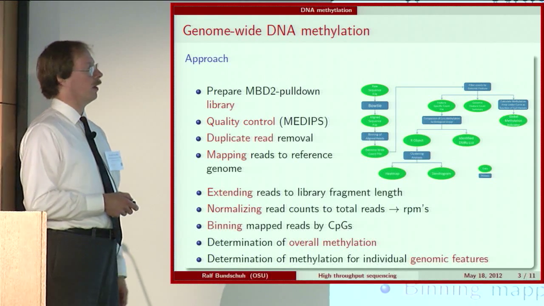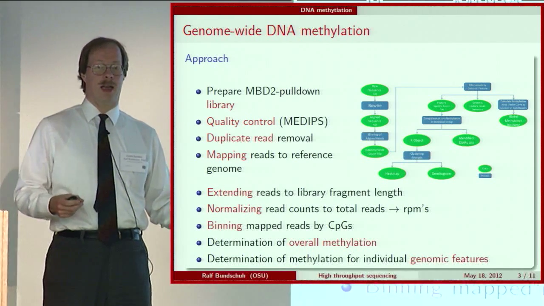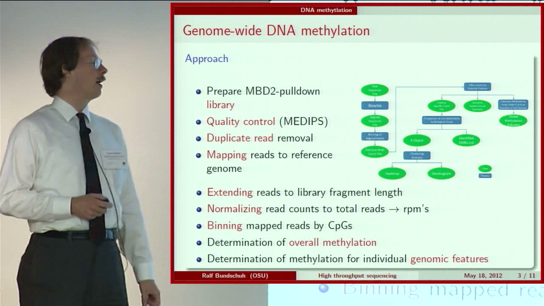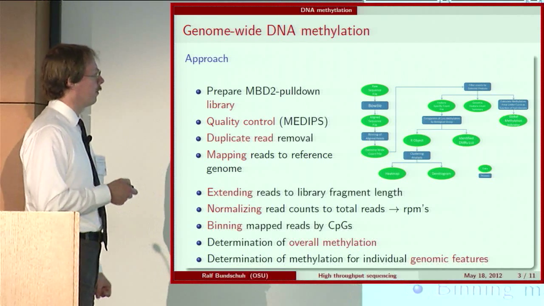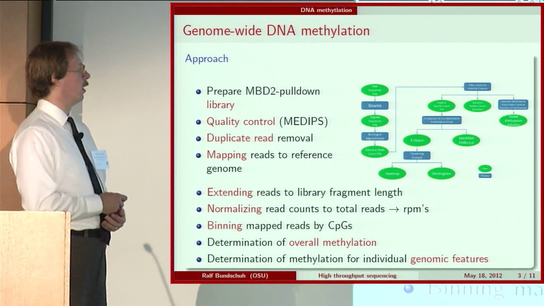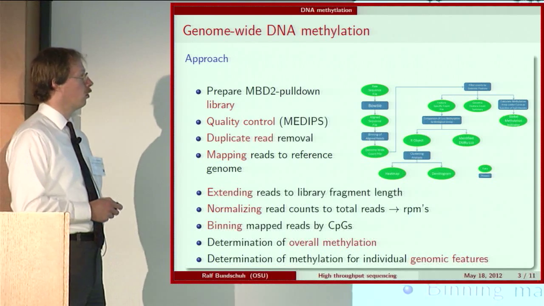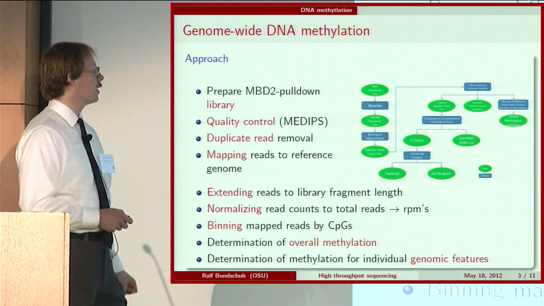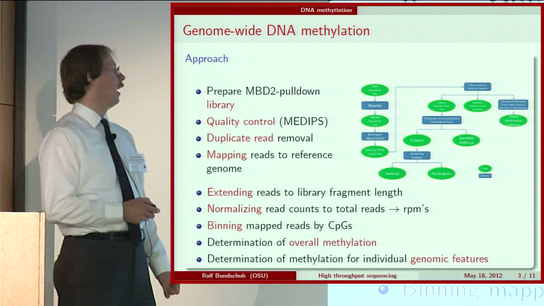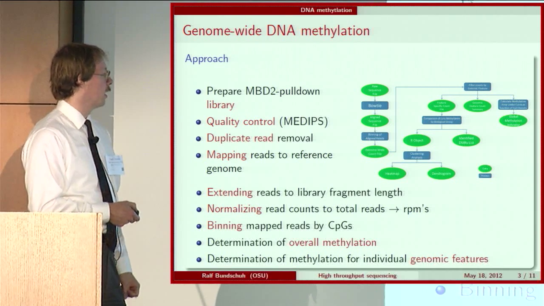Then this will be sequenced, and so we get more DNA from places in the genome that are more methylated. Then we do this quality control that Pearly already mentioned in order to exclude, or send to resequencing, samples that are not up to the quality standards.